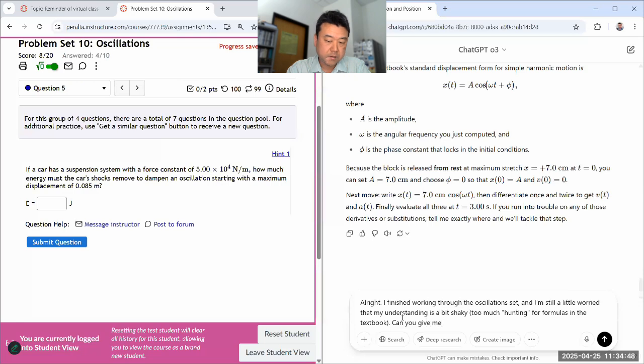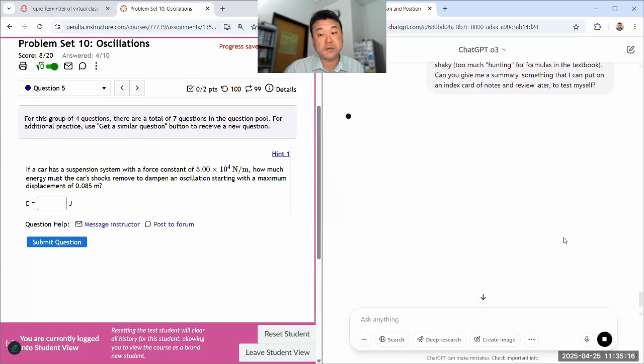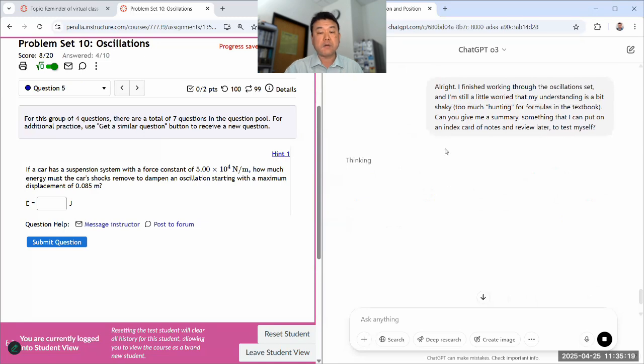Can you give me a summary, something that I can put on an index card of notes and review later to test myself? Summary. Yeah, I'll leave it there. I could have been more specific and said summary of simple harmonic oscillators, but I think ChatGPT might give me the right scope of topics from this description alone, just the word oscillations and the kinds of questions I've been asking. Maybe.